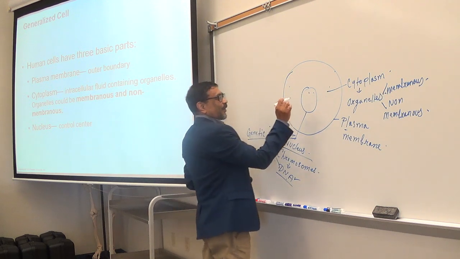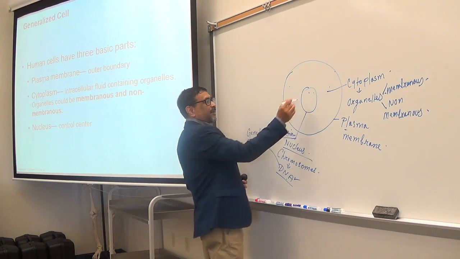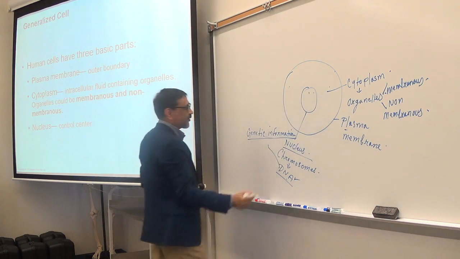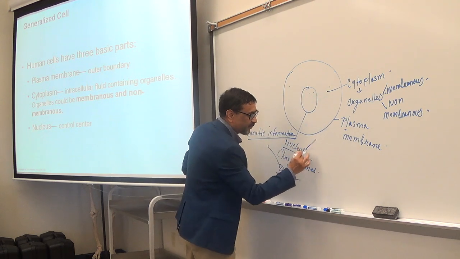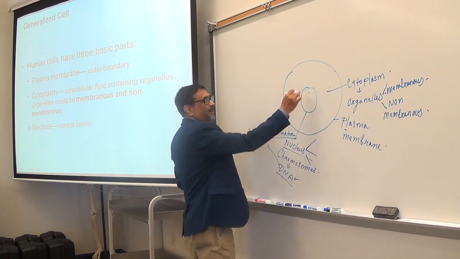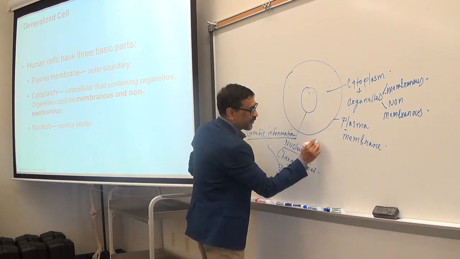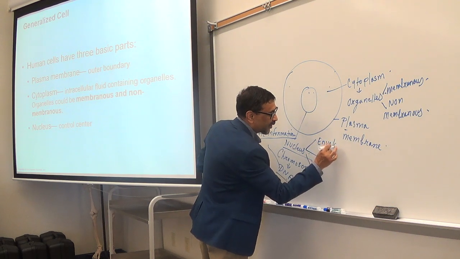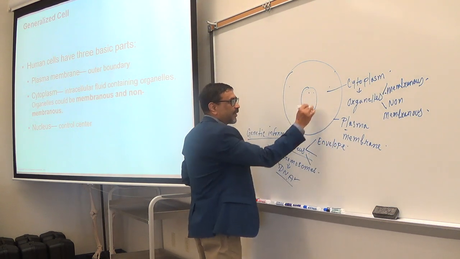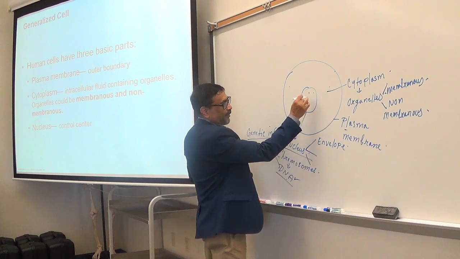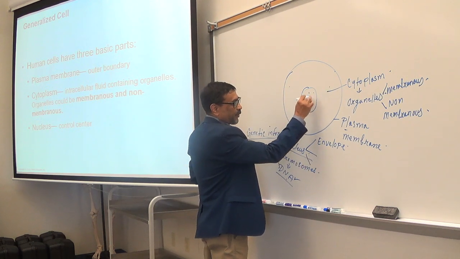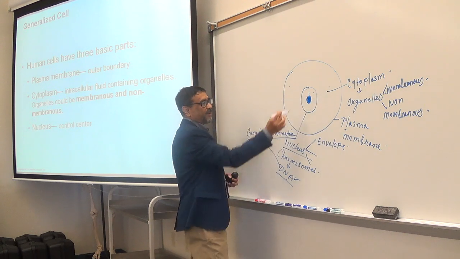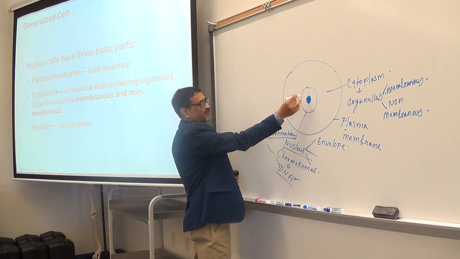Okay. Now, the nucleus has 3 parts. Okay, nucleus has 3 parts. I'm writing down here. Outer covering is nuclear envelope. Makes sense? Outer covering.